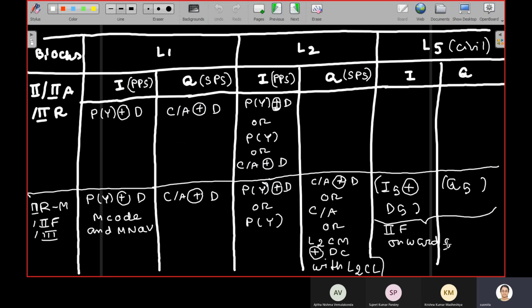Here I cannot show it differently because of the blocks that I have shown, 2RM, 2F and 3. In the L1 and L2 band they have this code and data in all of these blocks. But 2RM does not have this one in the L5 band. That's why I put 2F onwards. All the blocks have this I5 and D5 for the L5 band. And this is only for civil use.